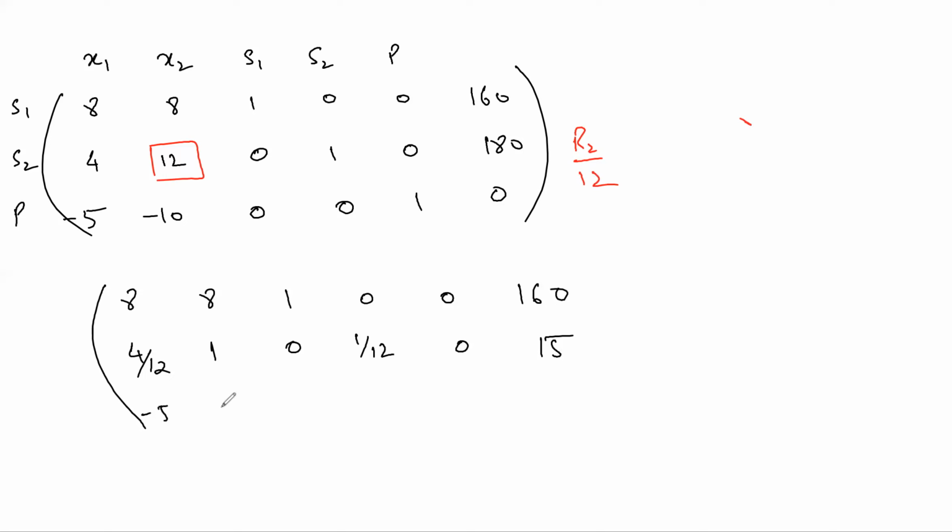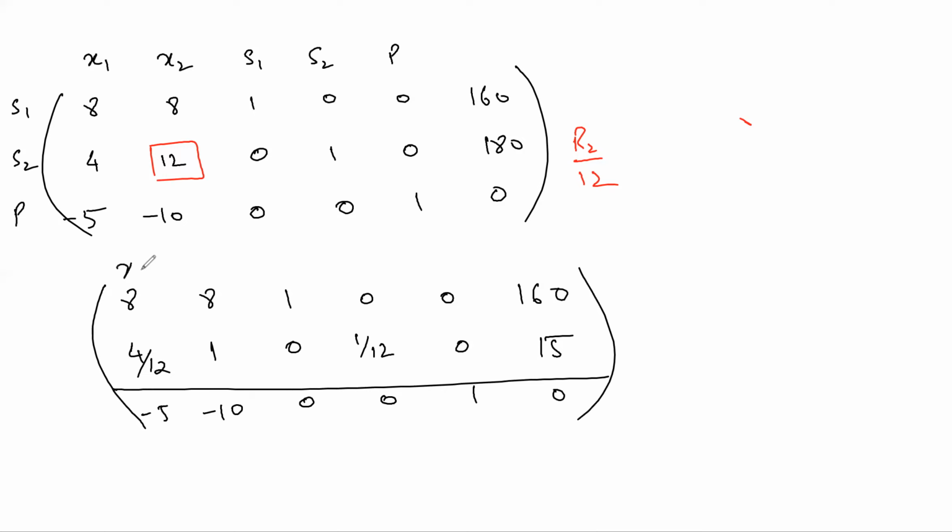The last row is -5, -10, 0, 0, 1, and 0. Here we have x1, x2, s1, s2, p, and the rest.